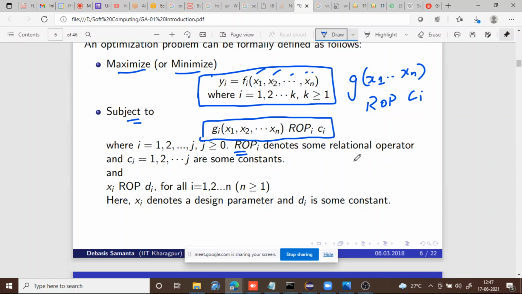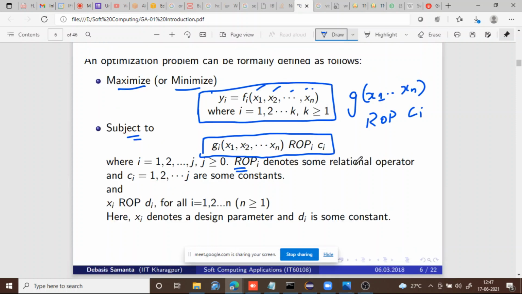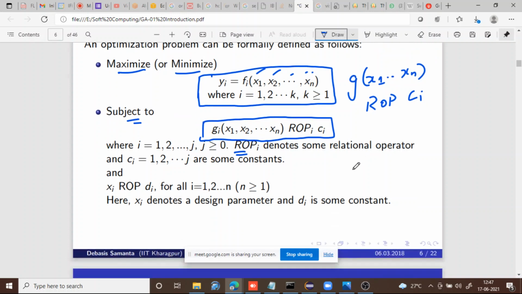So what are relational operators? Could someone say? You can also type in the chat. In any programming language, which operators are called relational operators?